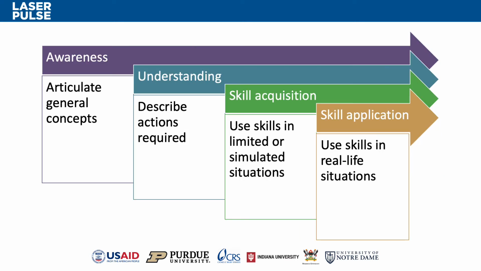At each level of progression, learners demonstrate their learning in different ways. When one has developed awareness of new information, they are able to articulate the general concepts related to the topic.